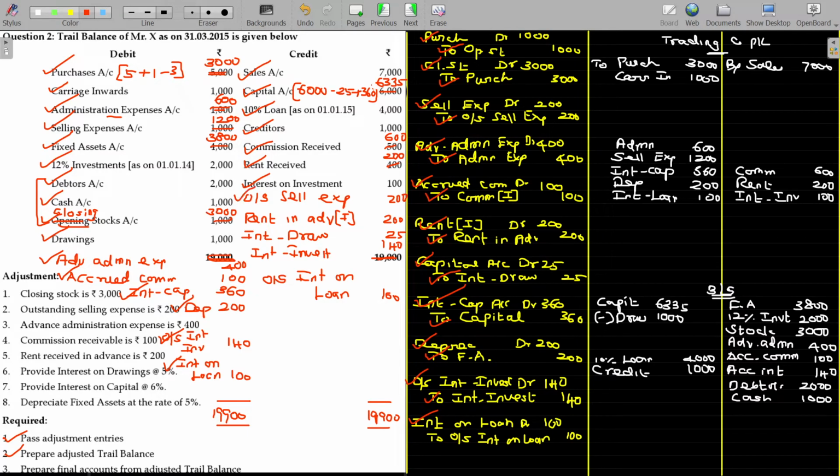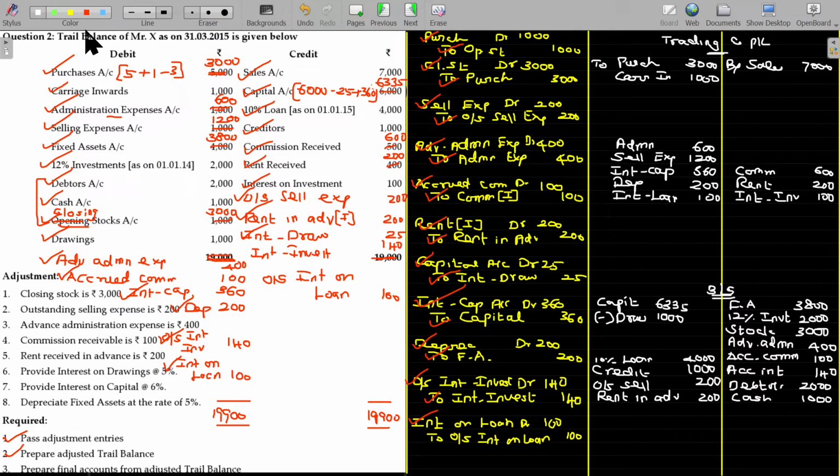Outstanding selling expenses, it's a representative personal account, will go to the liability side of the balance sheet. So outstanding selling expenses, the value being 200, and rent in advance, also a liability. We have received our income in advance, we are liable now. Rent in advance, the value being 200. Interest on drawings, income, right?